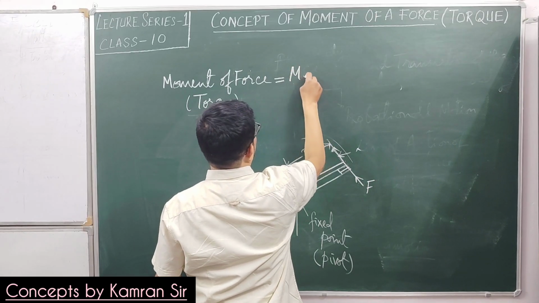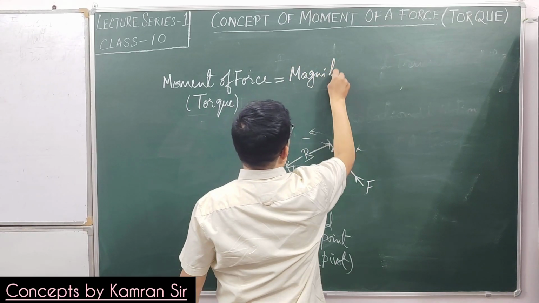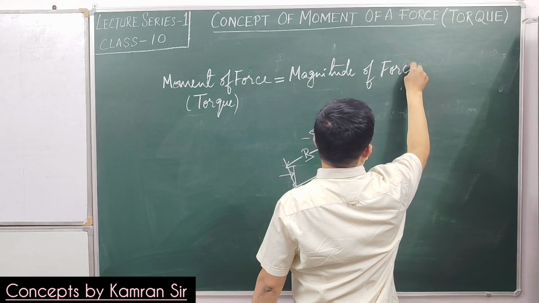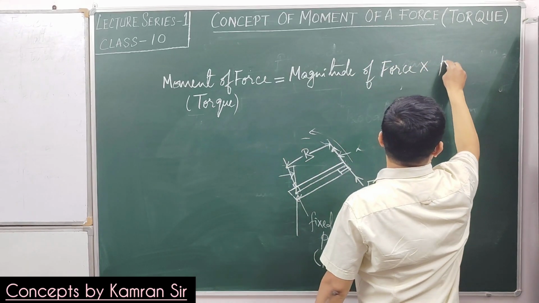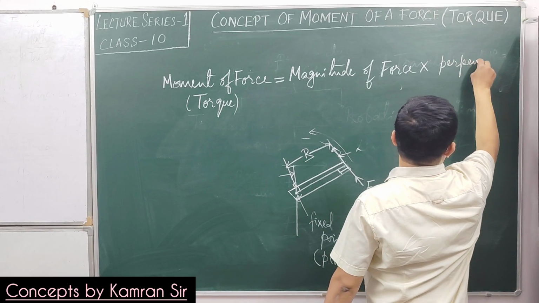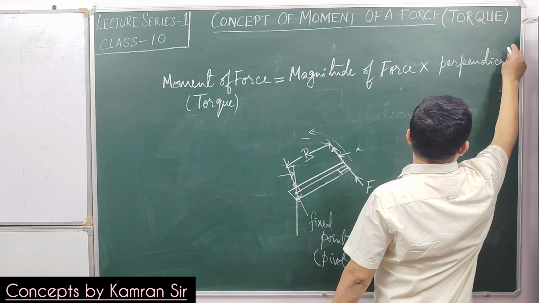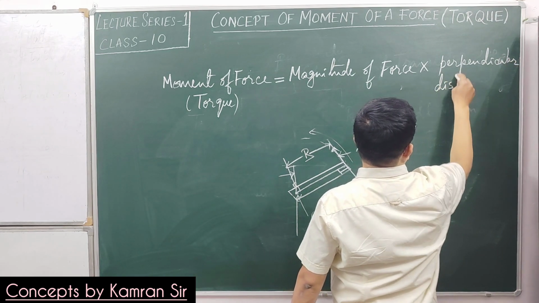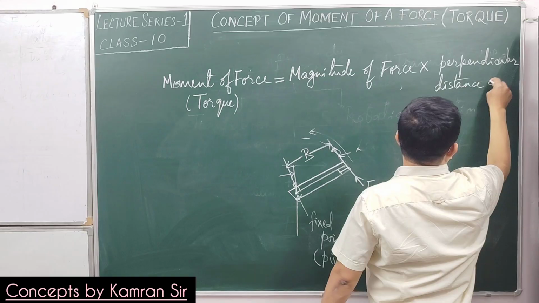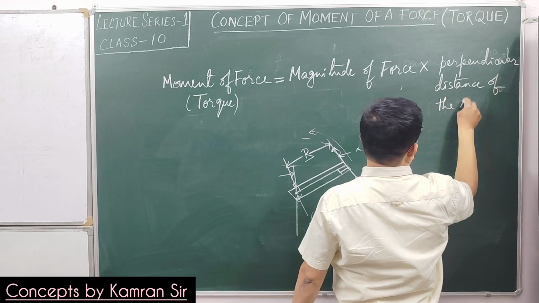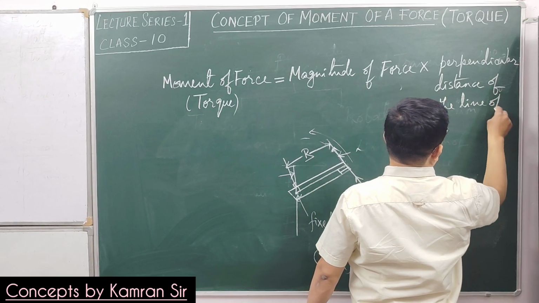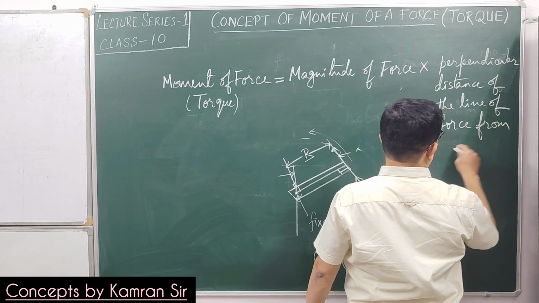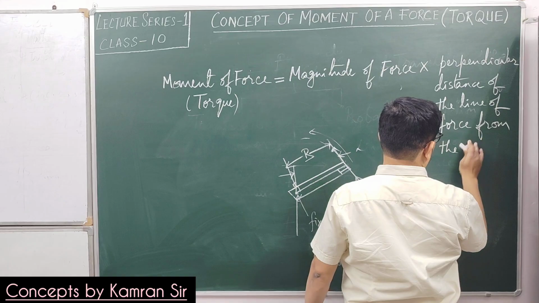So we'll write: magnitude of force times perpendicular distance of the line of action of force from the fixed axis.